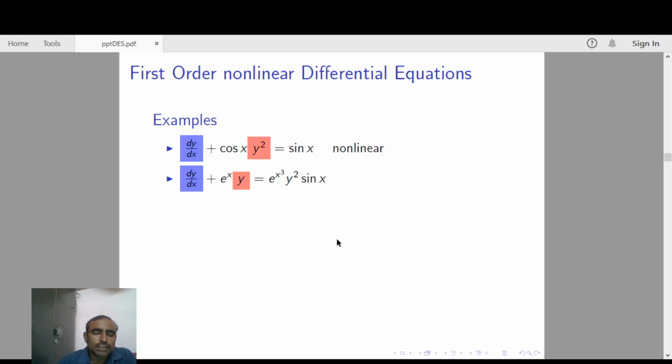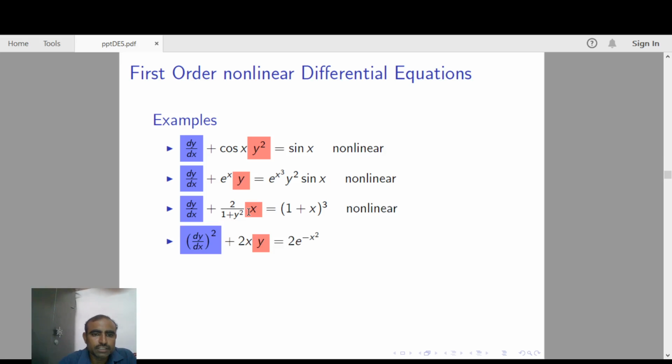Here the left side has e^x · y, but on the right side we have y², so this is not a linear differential equation. And in the next one, the degree of y is 2, so this is a non-linear differential equation.